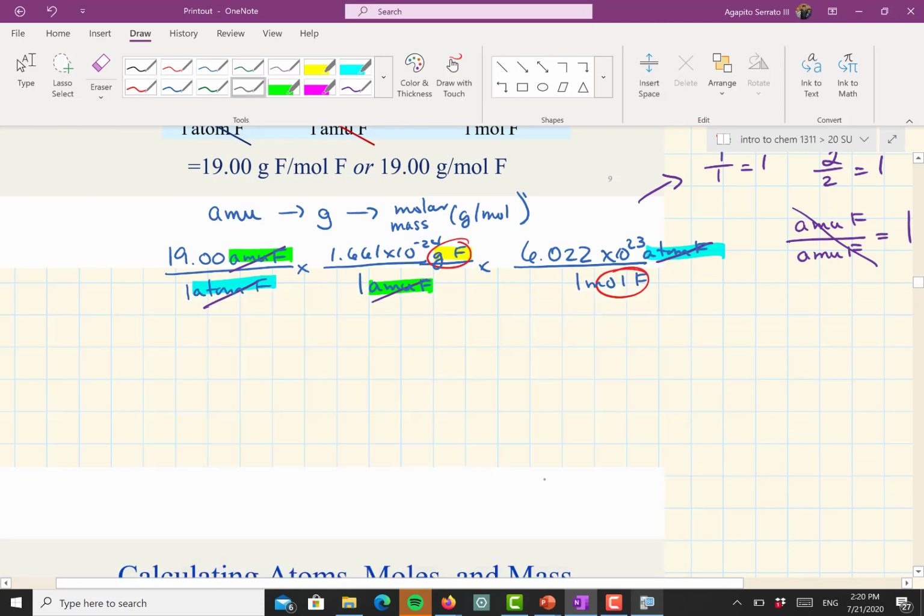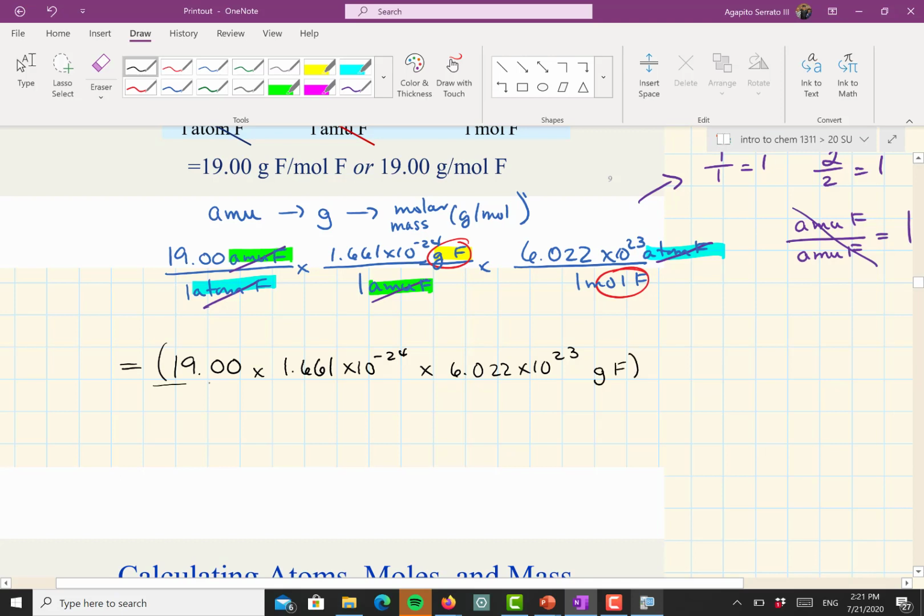So whenever I do this in the calculator, I like to do it the long way. So I go 19.00, then I'm going to multiply that times 1.661 times 10 to the negative 24, and then I'm going to multiply that times 6.022 times 10 to 23. Remember, we still have our units, and those units are in the back, grams of fluorine.